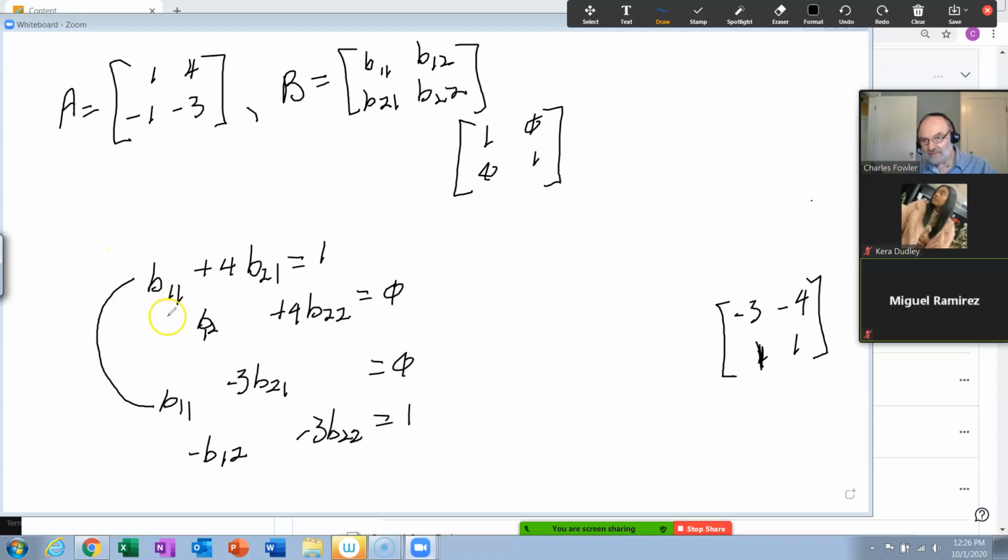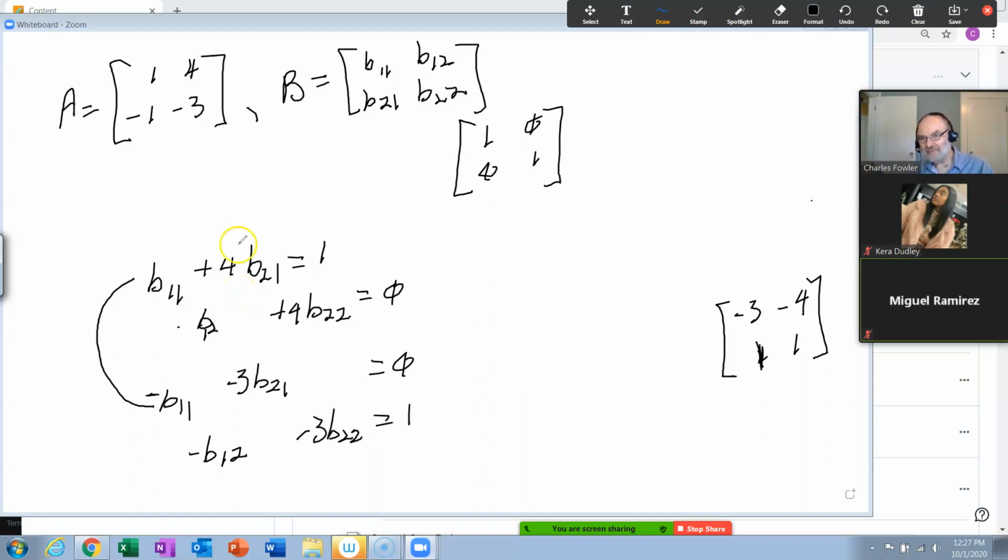This is a 1. Oh, I must have lost this. That's a minus there. That's a plus, minus, plus, minus. When I erased the other, I lost that.